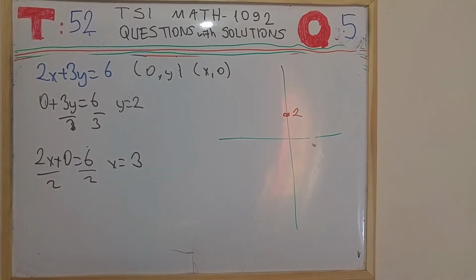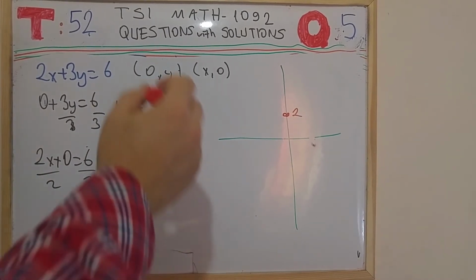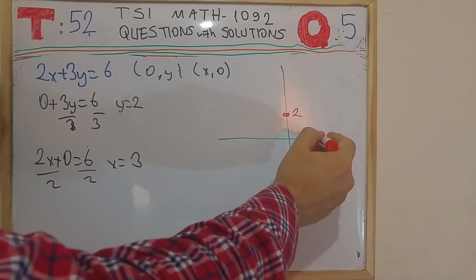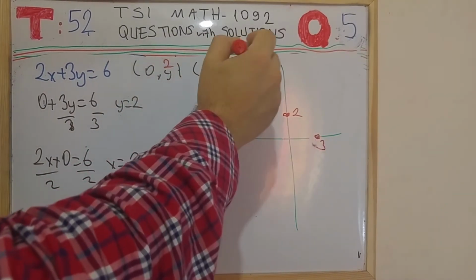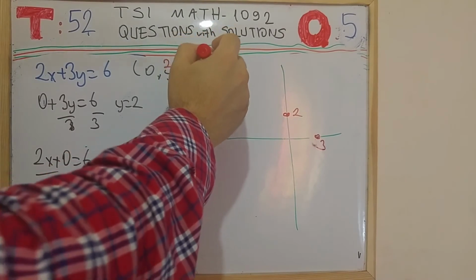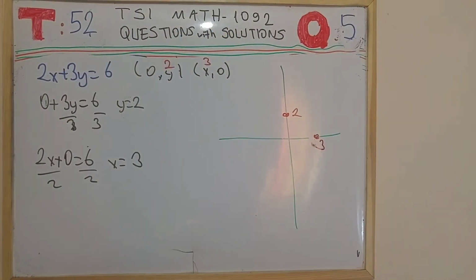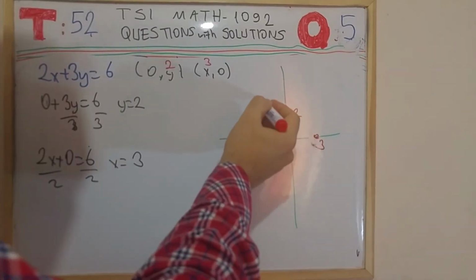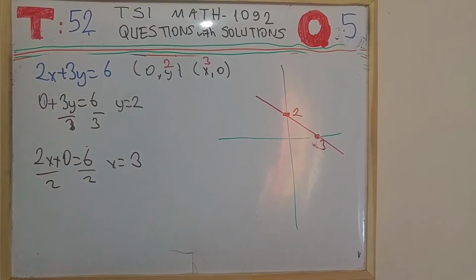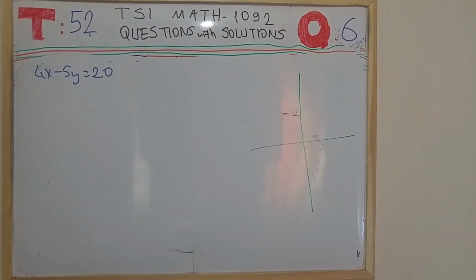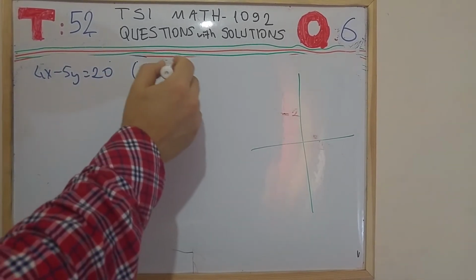So the second point is, no, not 0, 3, it is 3, 0. So the line that I am looking for must pass through these 2 points, which makes it the right answer.